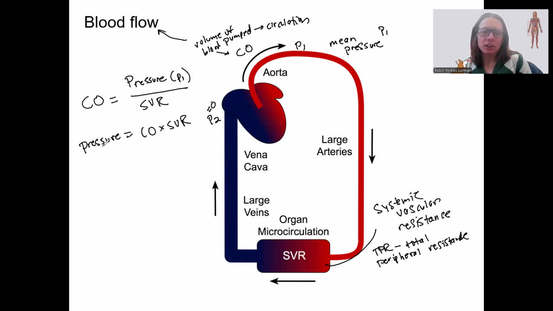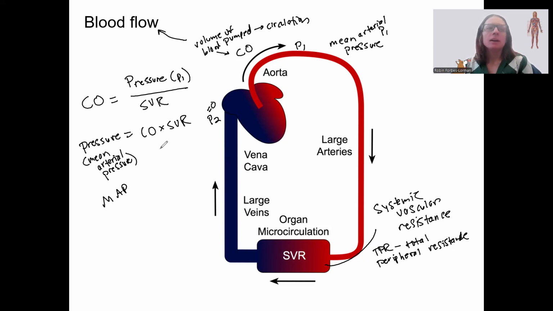The name we'll have for pressure is mean arterial pressure. Abbreviation for that is MAP. We don't have enough acronyms already. So MAP equals cardiac output times SVR. And that's true again because the pressure at P2 is about 0. So we can just use P1 for our pressure number.